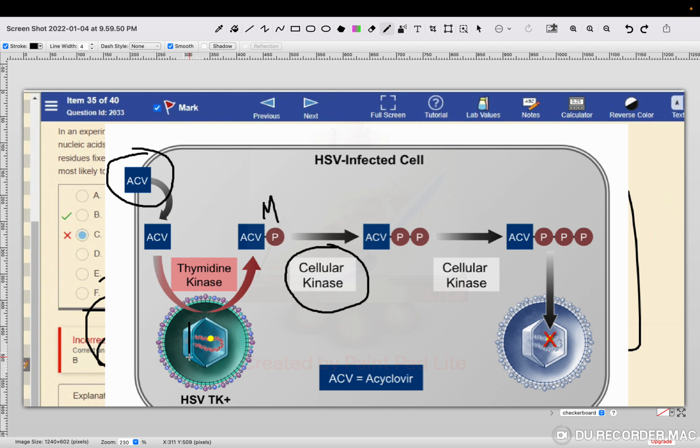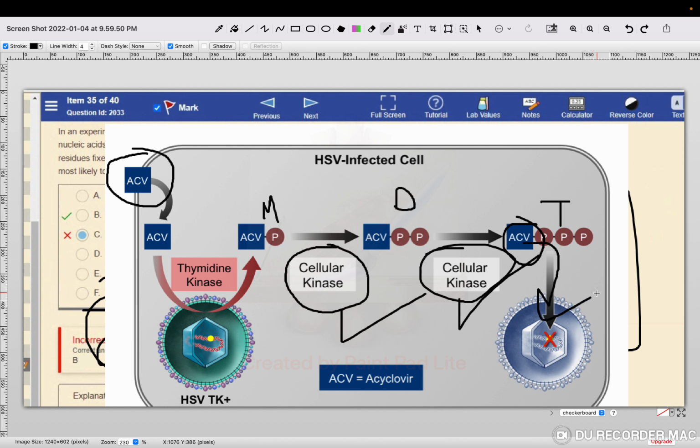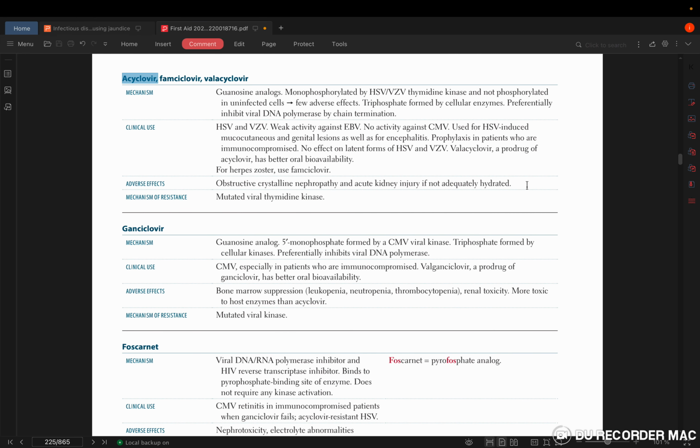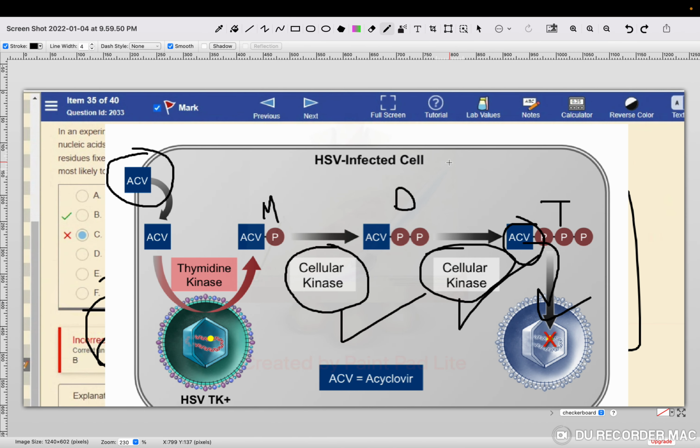The first one is done by the virus and the second one is done by us, I mean by the cellular kinases, which will put more phosphates on it until it becomes active. When the acyclovir becomes active, it will kill the whole cell, okay? It will actually reduce the replication, but just imagine that it will kill the whole cell. It will just destroy the DNA polymerase, which will make less replication.